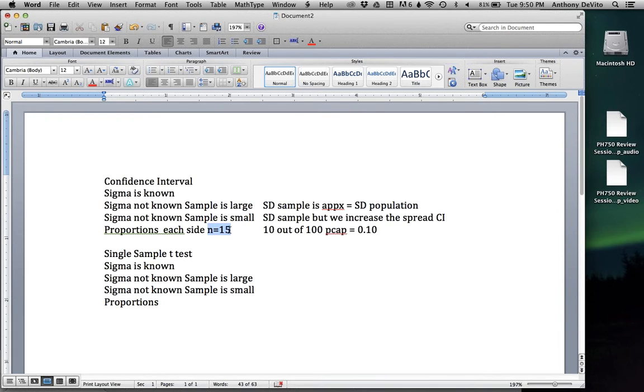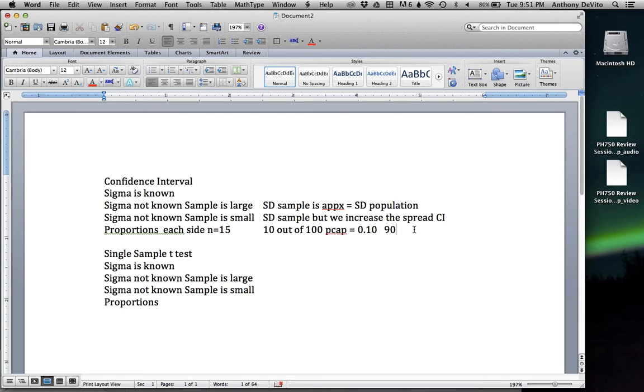Because each side has to have a sample size of 15. So in this case, we have 10 people that had the disease, had diabetes, let's say, and we had 90 people that didn't have diabetes. So the side that doesn't have diabetes satisfies that requirement for our proportion. But the side that does have diabetes only has 10 people, so it doesn't satisfy our rule about each side of that proportion being at least 15.